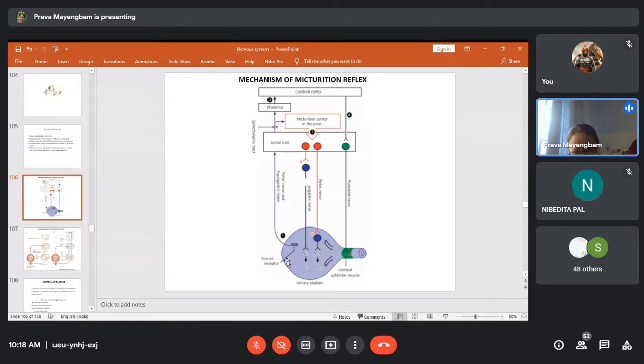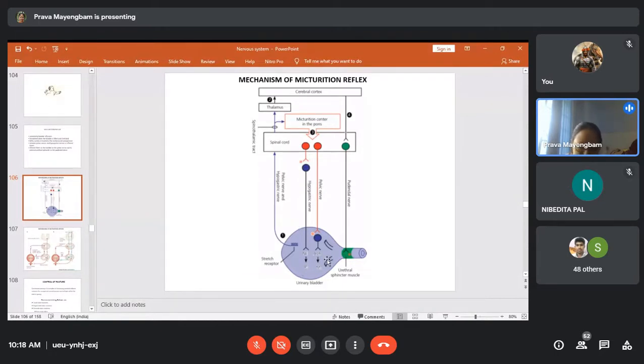The muscle of the urinary bladder is the detrusor muscle. The urinary bladder is innervated by the hypogastric nerve.